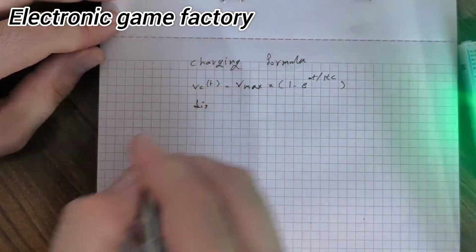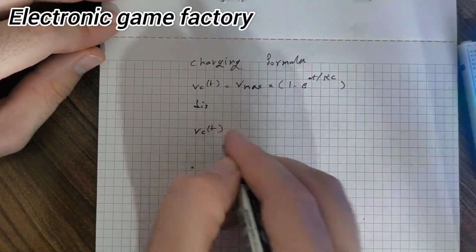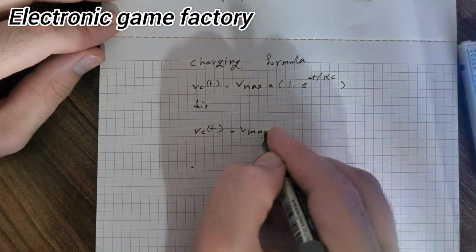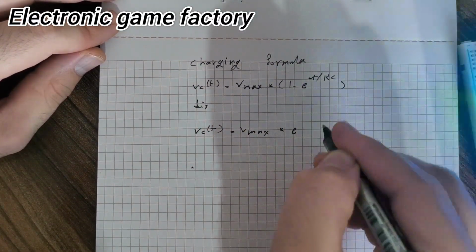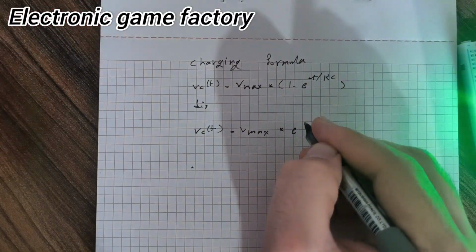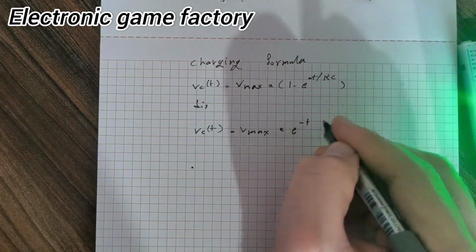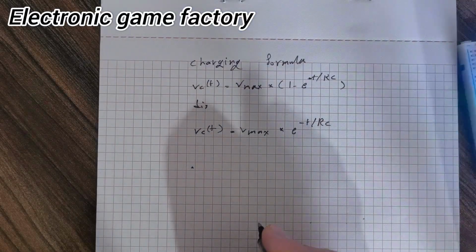And discharging can be VC(t) equals Vmax times e to the power of minus t over RC.